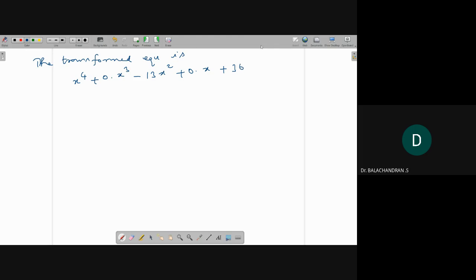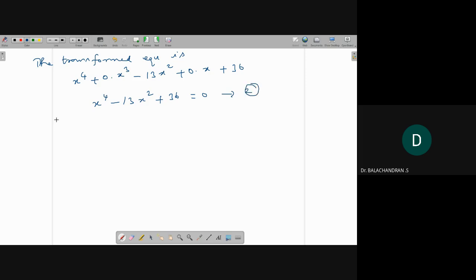Thank you, Prashant and Purachandra. Okay, and this is okay. Just I'll write x power 4, only the non-zero terms, minus 13x square plus 36 is equal to 0. I call this equation 2.